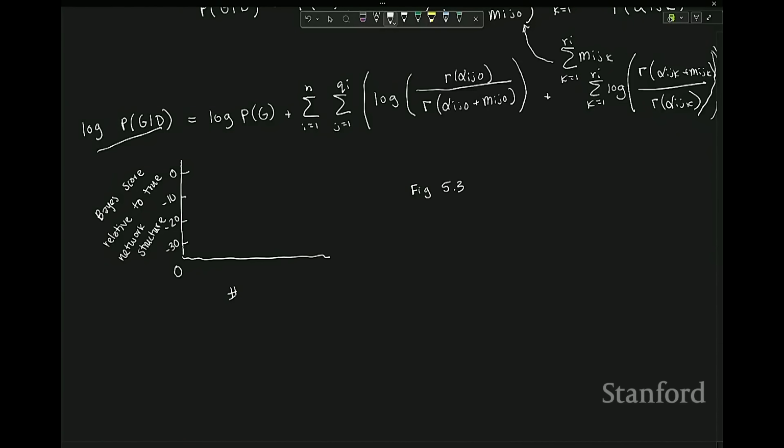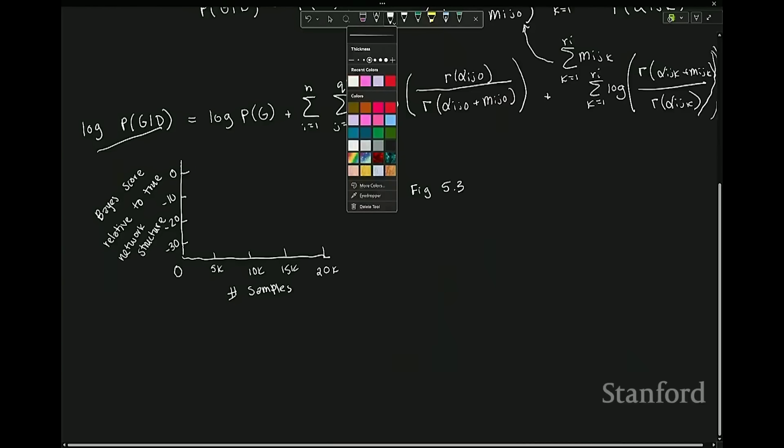And then along the x-axis, we have the number of samples in our data set. So 0, 5,000, 10,000, 15, and 20. And I'm going to use pink to represent a completely unconnected graph.